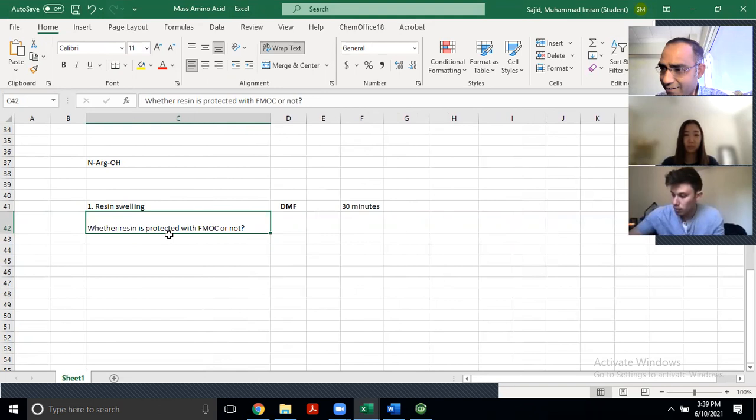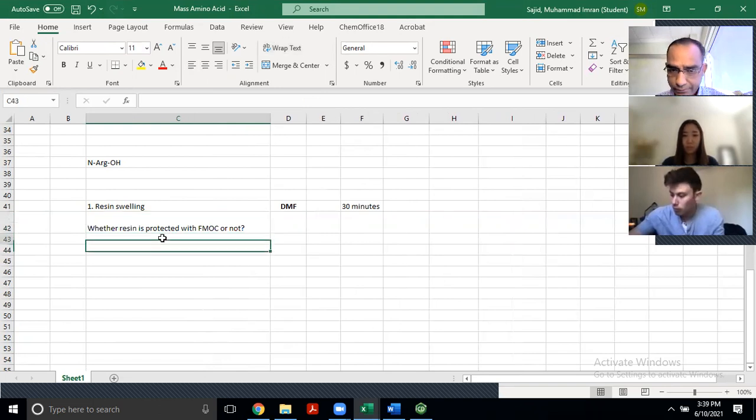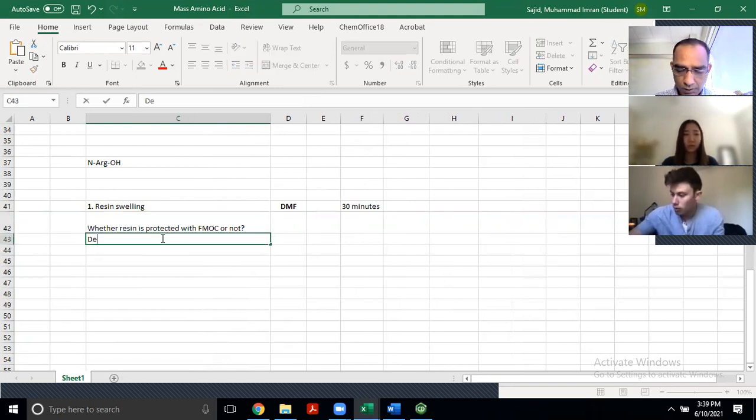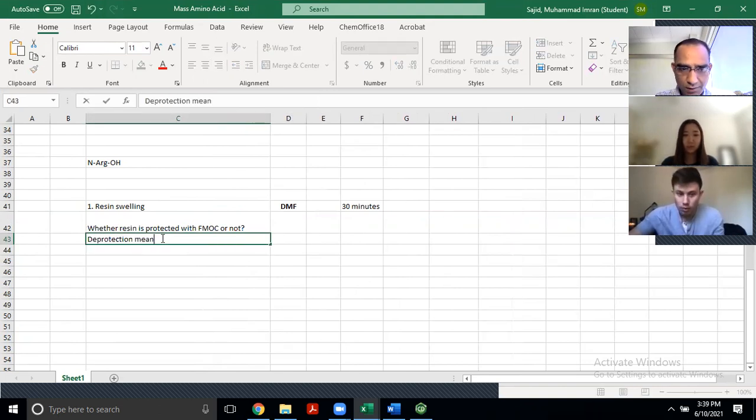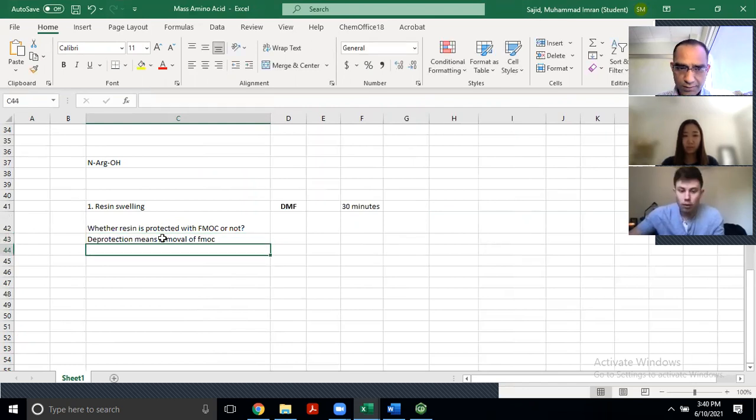If it is protected, what will we do? We will do deprotection. Deprotection means taking out the Fmoc, that is, removal of Fmoc.